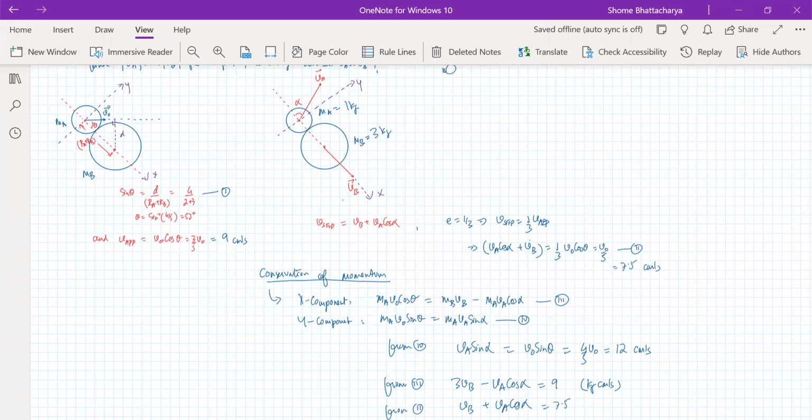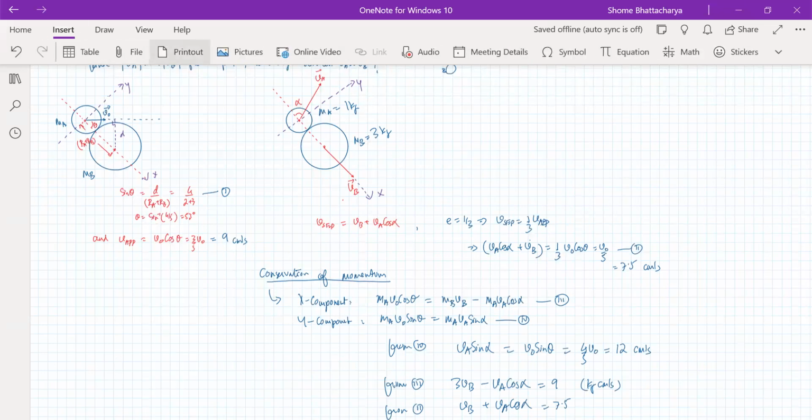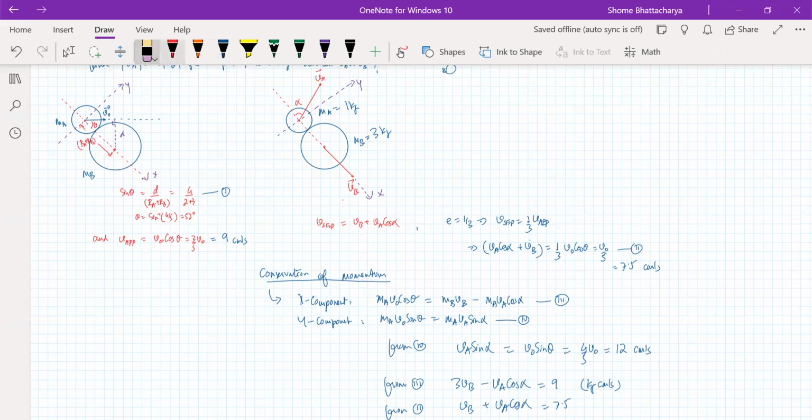Yeah, approach is already given. So using that and the coefficient of restitution, we got this. This is from equation 2. But V naught is 15, so V naught by 5 will become, oh sorry, V naught by 5, my mistake, not V naught by 2. So yes.